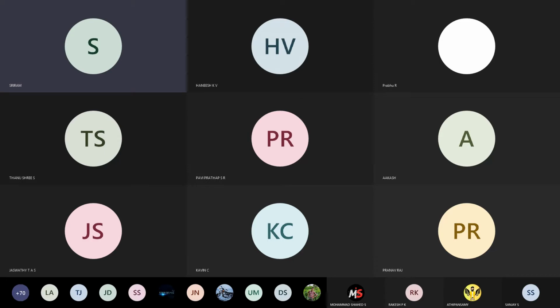Already you know the formula: 180 degrees by pi into 6 degrees. Pi is equal to 22 by 7.